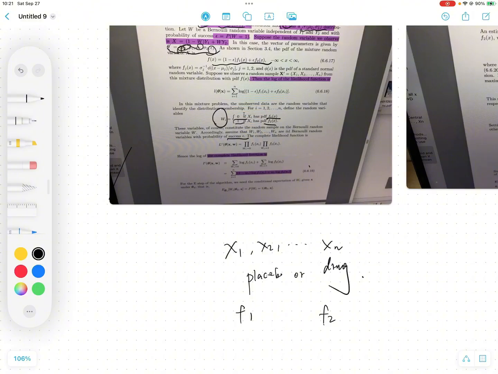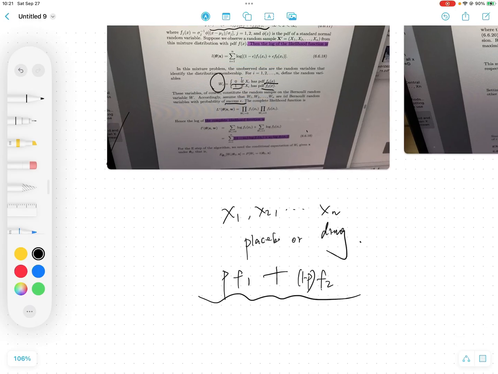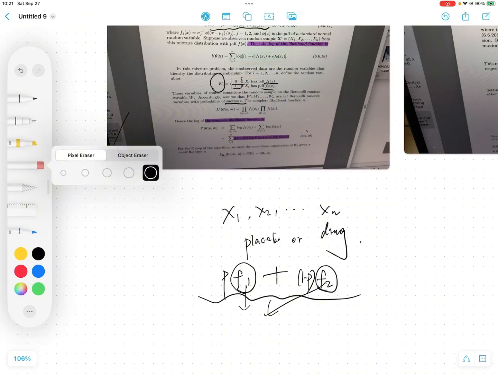And we suppose this p and 1 minus p, and we want to estimate this distribution and then compare the difference of these two distributions. Maybe one of them is from placebo and the other is from drug, and then we could do further statistical research.